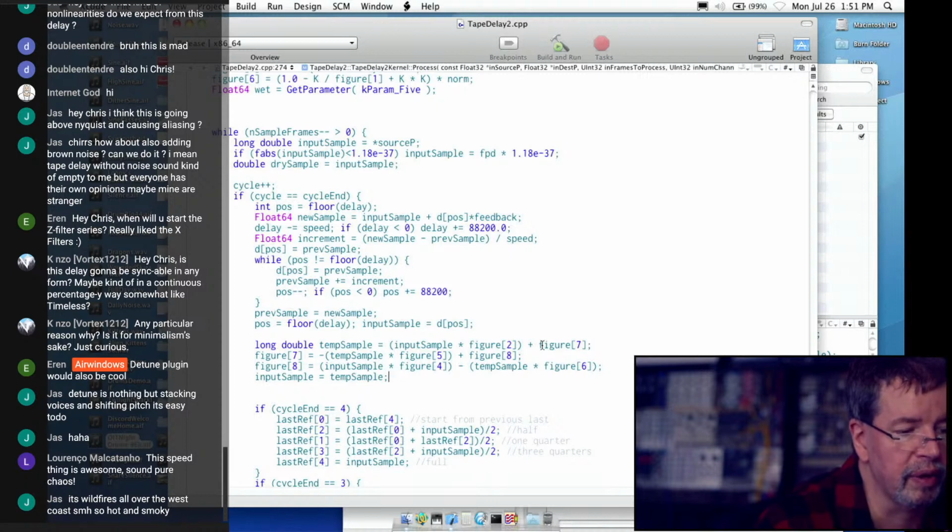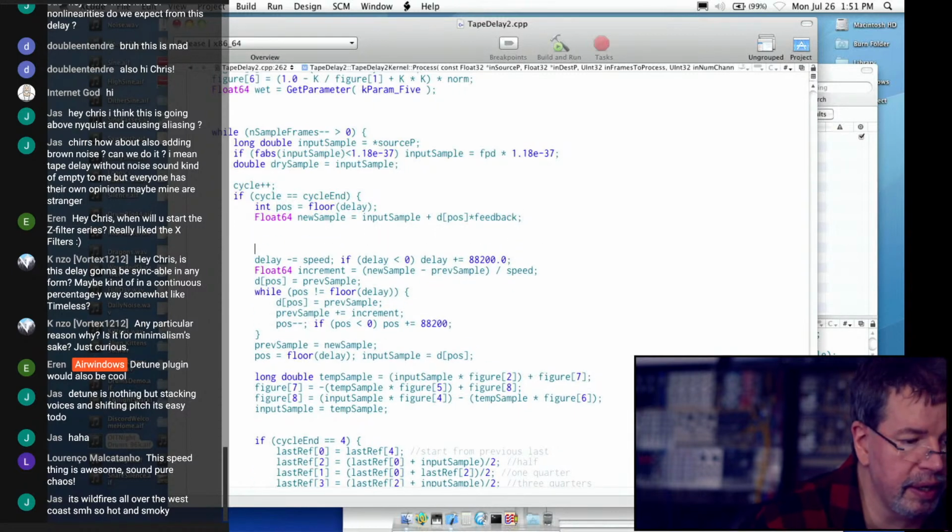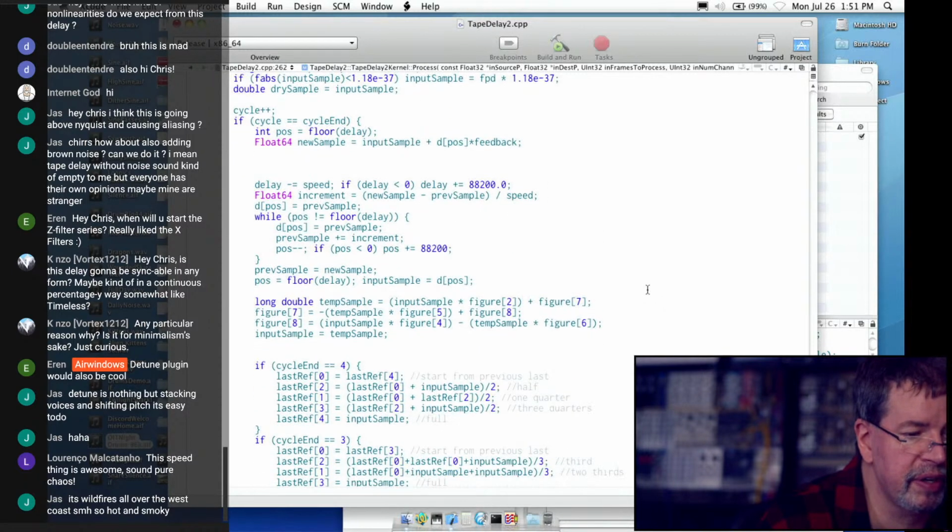I don't think I do like that. So new sample going in is loading stuff into the delay bank.